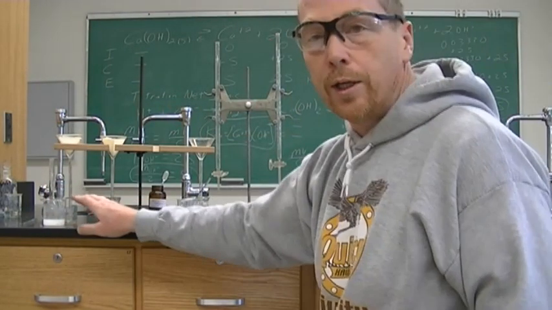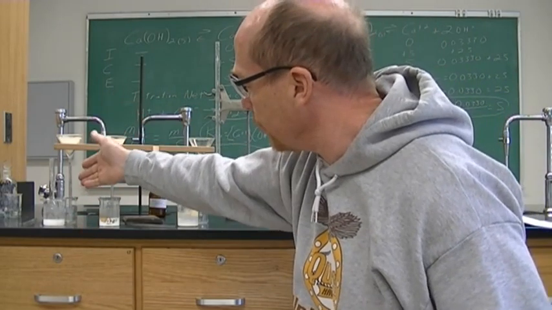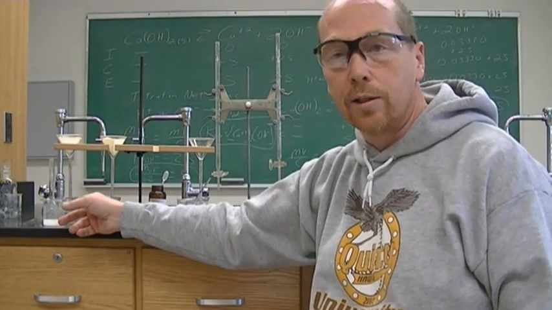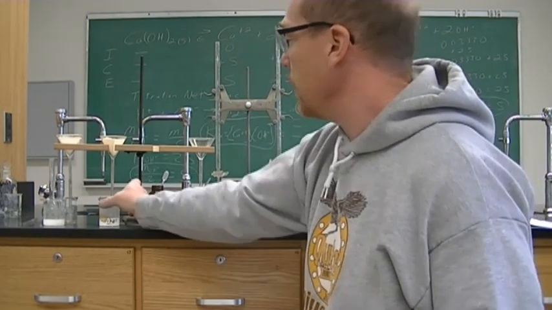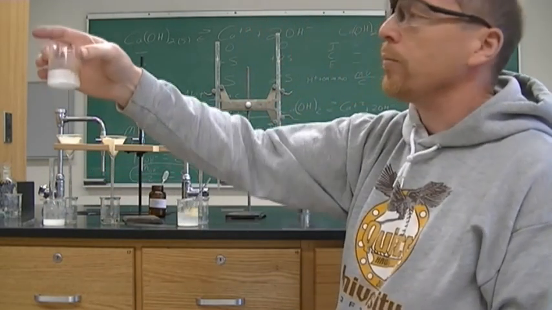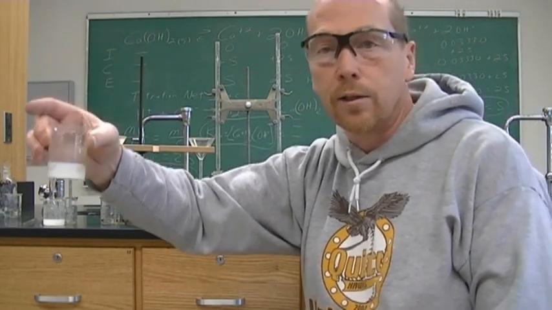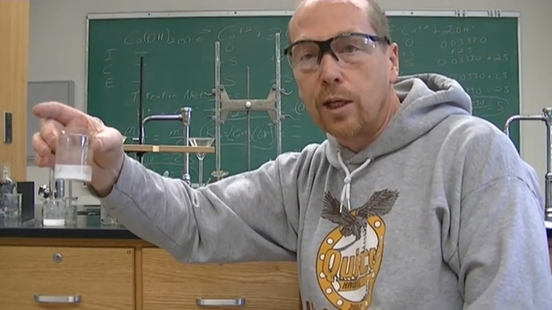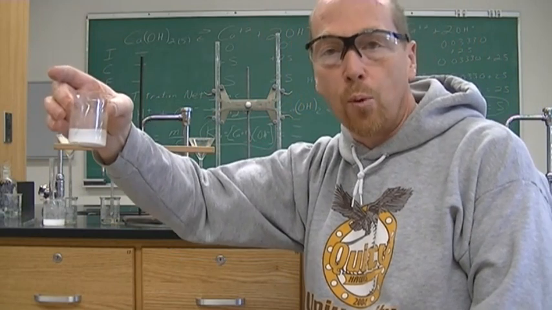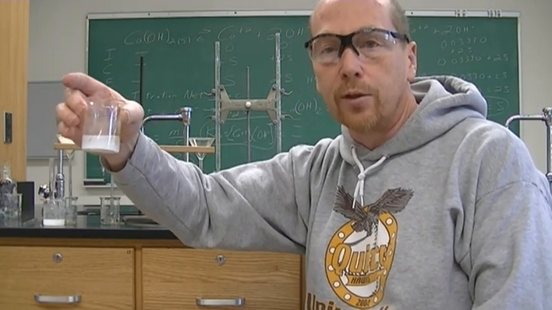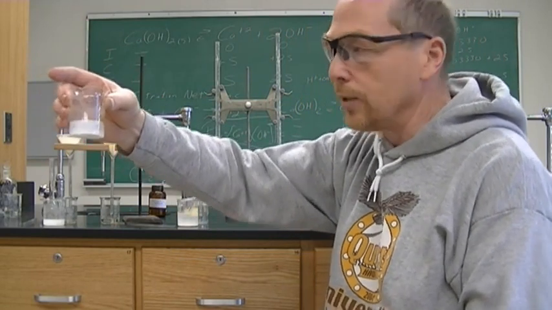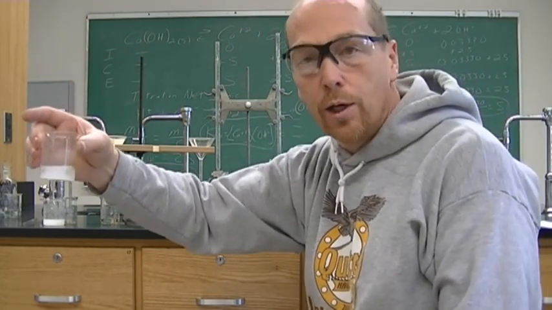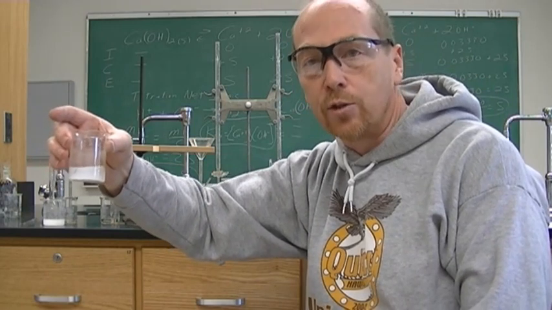All right, so this one is pure water, and then I'm going to filter it out. So all of the solid calcium hydroxide will remain in the filter paper. Now this one is a sodium hydroxide solution, and it is 0.03330 molar sodium hydroxide with 0.1 grams of calcium hydroxide.